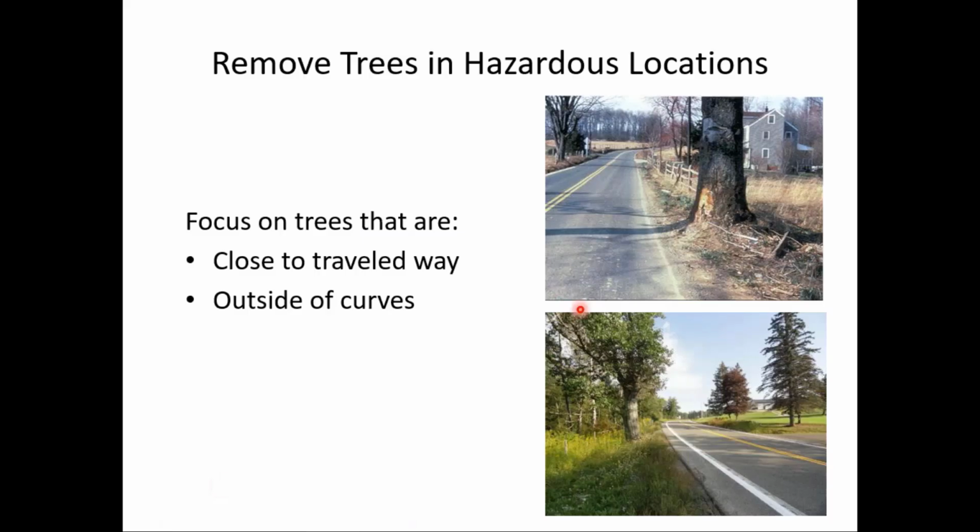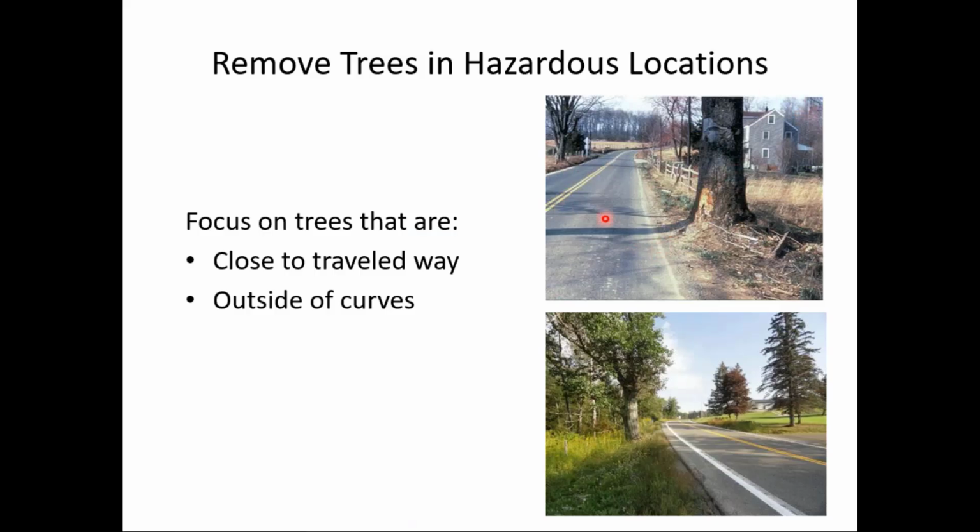If you can do it, remove trees in hazardous locations. I think I showed this image earlier in the class, first or second day. A tree that literally looks like it's growing out of the edge of the pavement has been struck at least 2 times now. This to me would be a good candidate for removal, although that may not be possible.